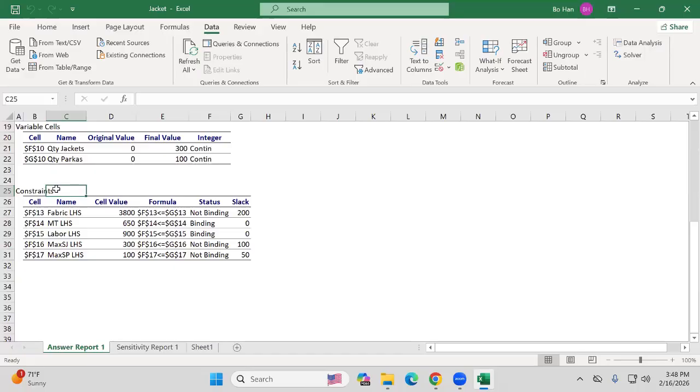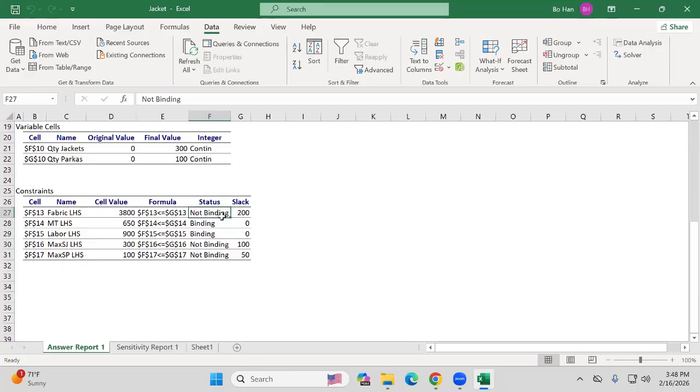So according to what I just told you, for the first constraint, fabric, what is it? Not binding, meaning that, okay, after manufacturing 300 jackets and 100 parkas, we still have some fabrics left. How many left?